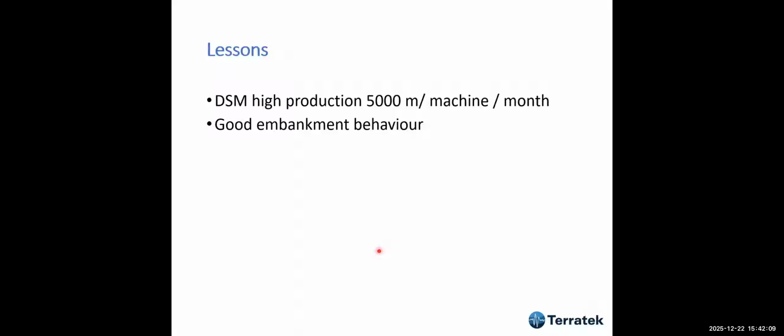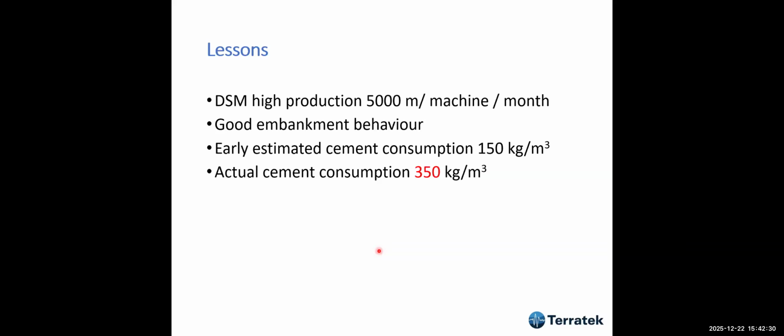And the embankment behaved very well. We had not only the trial, but the embankment itself was instrumented later on. Settlements were minimal. The early estimated cement consumption was about 150 kilograms per cubic meter, but later on, we found we had to increase the actual cement consumption by at least twice.